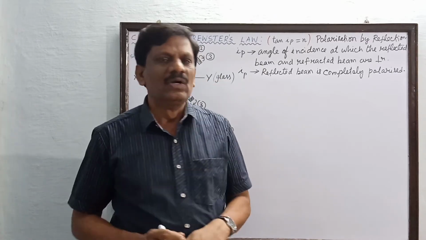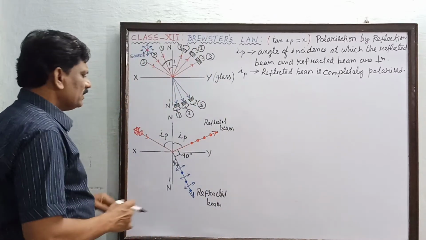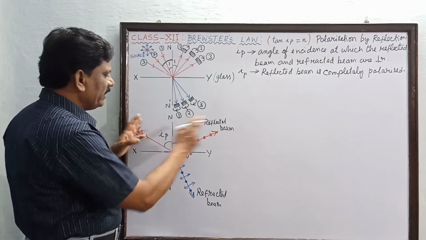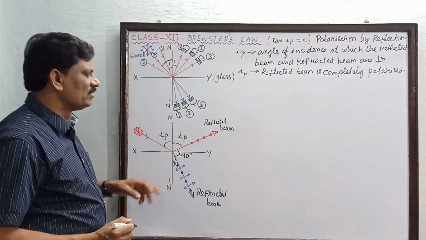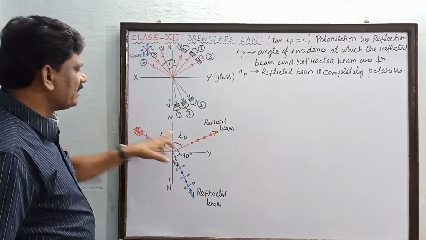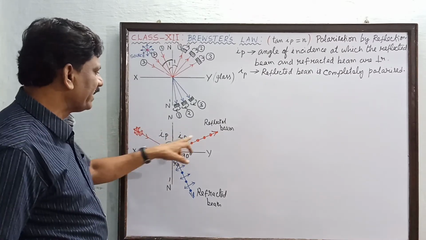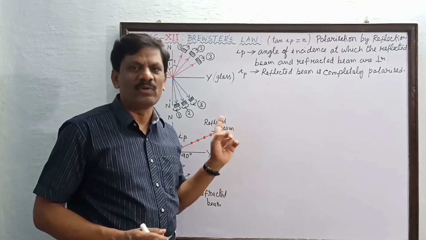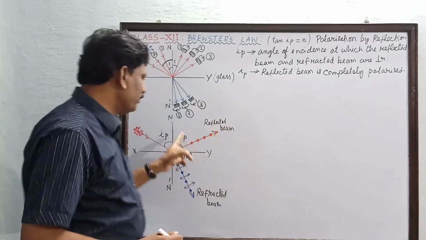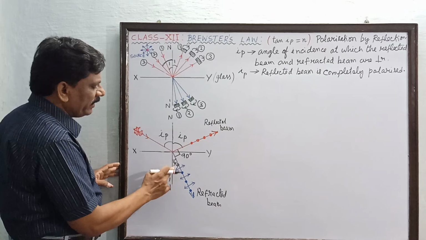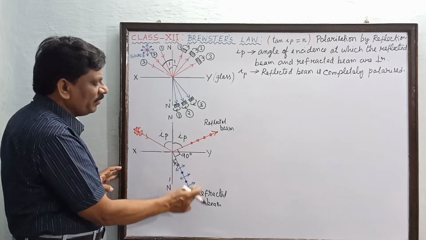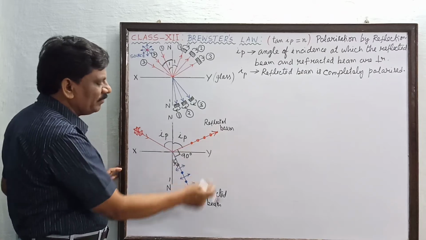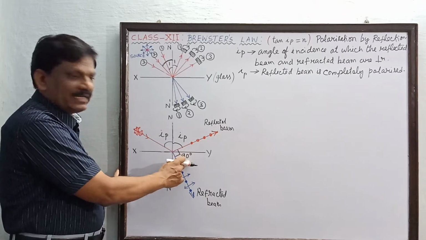Understand? Now, in this picture, what are all the informations we have to convey? Angle of incidence is equal to the angle of reflection, that is the angle of polarization. This is the polarizing angle for glass, IP. Corresponding angle of refraction is RP. And the angle between the reflected beam and the refracted beam is 90 degree.